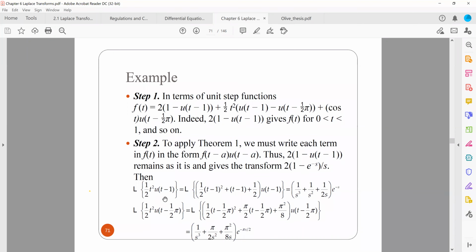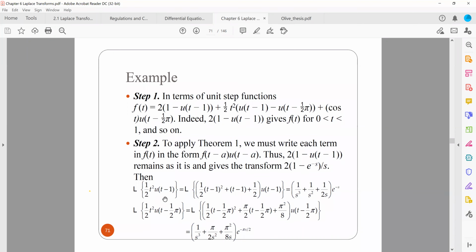So the last one is actually cos t into u(t). Even for this one, we manipulate it again and replace it with sine of t minus a half. Again, if you expand this, you should go back to this.